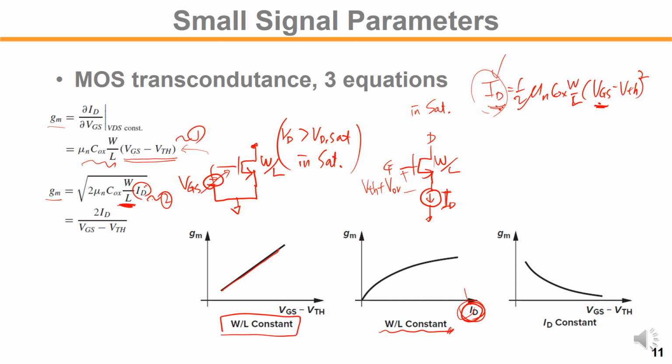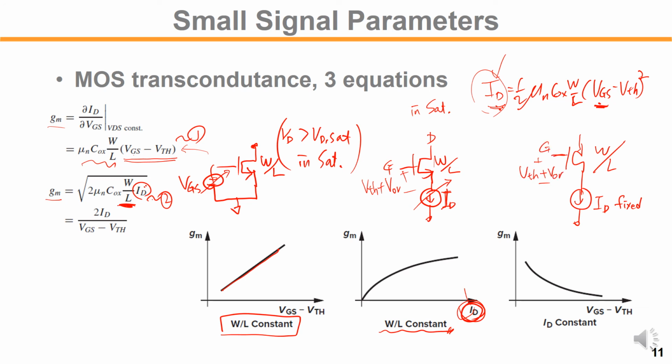In this case the ID was changing, but the last case we want to do an experiment where ID is fixed, but you want to change the W over L device size. Then what will happen? If you change device size, you know that the overdrive voltage will change, right?